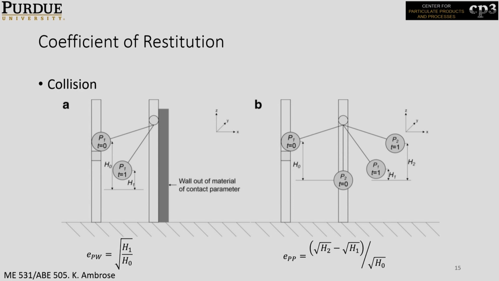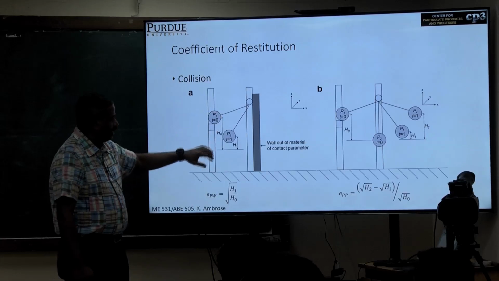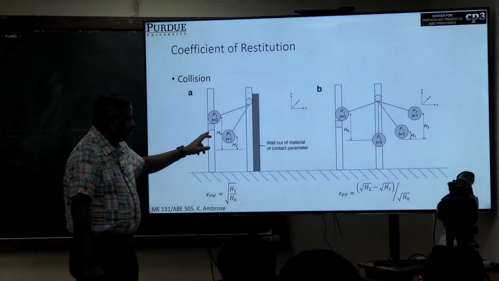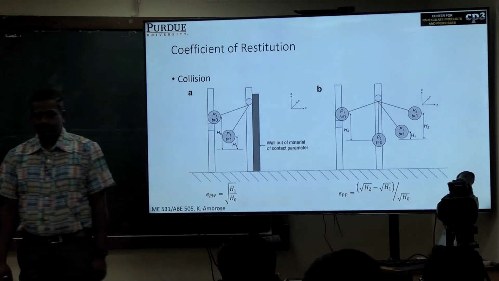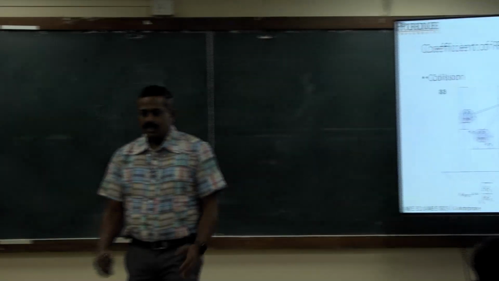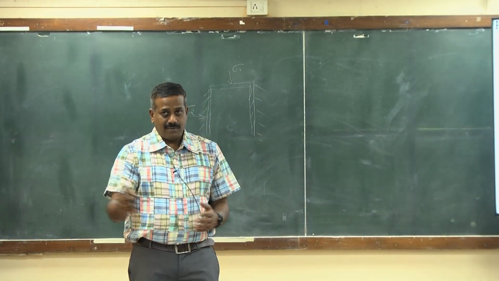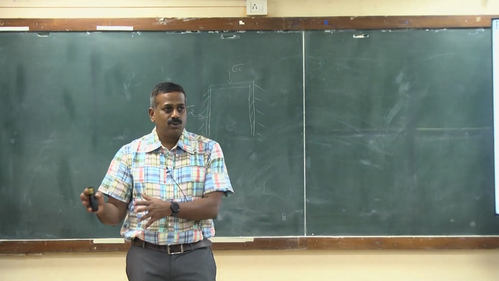Again, there are different ways. One is mainly from energy lost and the velocity, right? There are different setups to measure. One is based on impact or collision. So you make the material collide, and from the change in height before and after collision, you get the coefficient of restitution. The change in height or the distance it travels after collision is directly dependent on the energy it's losing, right?